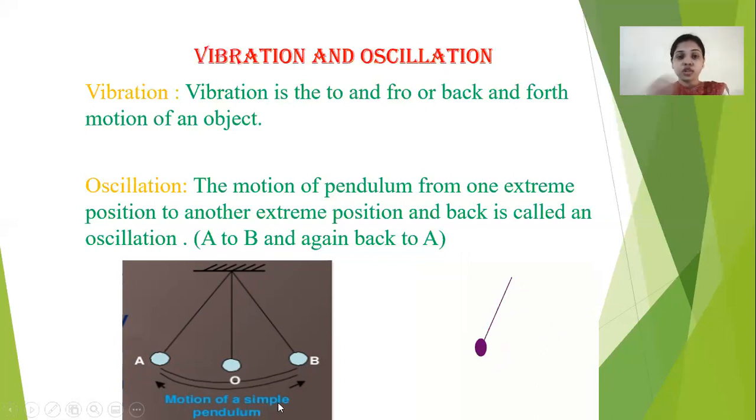So one oscillation is the motion of the pendulum from one extreme position to the other extreme position and again back to the previous extreme position. So simply it is an oscillation of the pendulum or any object.